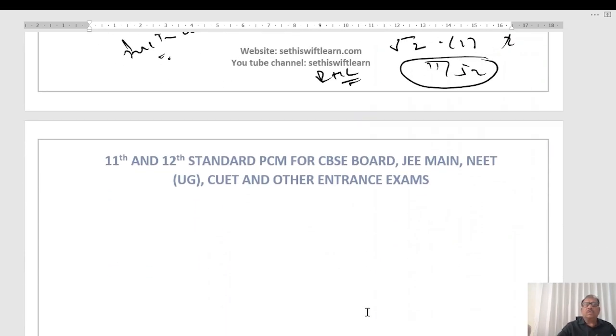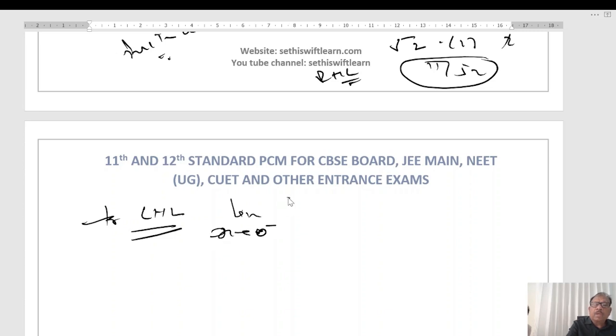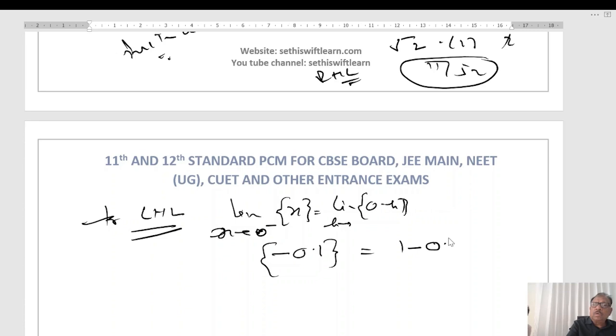Now we solve for the left hand limit. What to do for the left hand limit? We know limit x tends to 0 minus of the greatest integer fraction part, limit h tends to 0, 0 minus h. For example, minus 0.1: the answer will be 1 minus 0.1, that is 0.9.